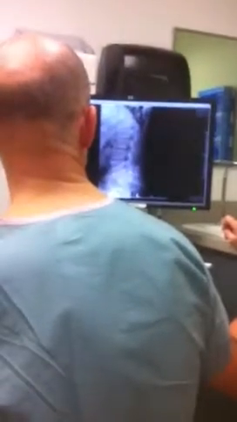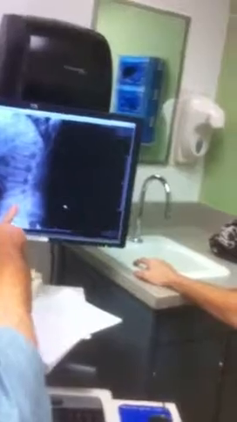Here's the lock. This is a 50% slip, what we call grade 2. So this is supposed to be back there, this one is supposed to be back there. And these are supposed to have more space. Two separate issues: one of degeneration and one of subluxation or shifting. So this is L4, L5, S1.